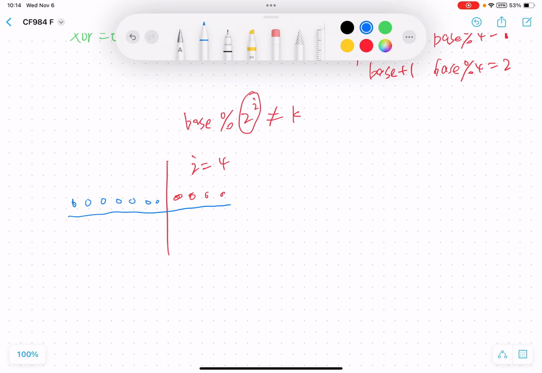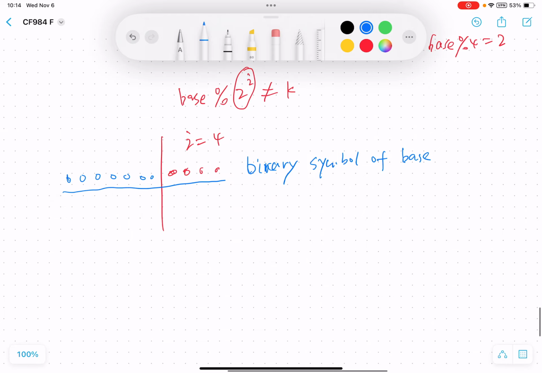this is the binary symbol of base. First thing is we need to calculate how many x can meet the requirement.